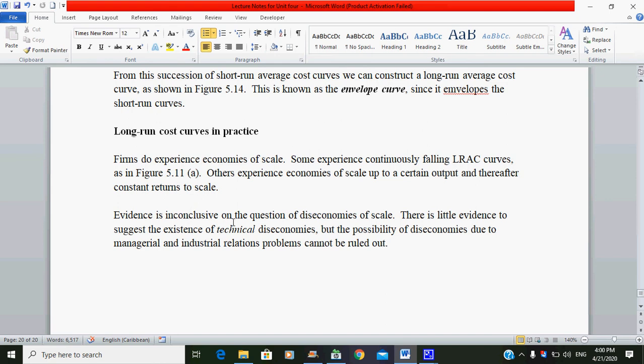Evidence is inconclusive on the question of these economies of scale. There is little evidence to suggest the existence of technical diseconomies, but the possibility of diseconomies due to managerial and industrial relations problems cannot be ruled out.